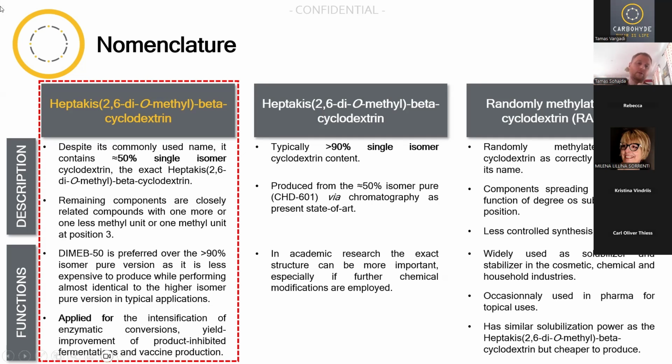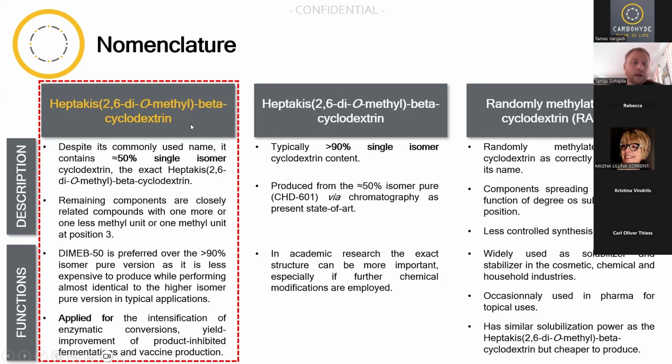Unfortunately, if you Google this cyclodextrin, this heptakis 2,6-DO-methyl beta cyclodextrin, you will find a lot of suppliers globally. And if you buy the product and analyze it, you will realize that what you bought is usually this one.